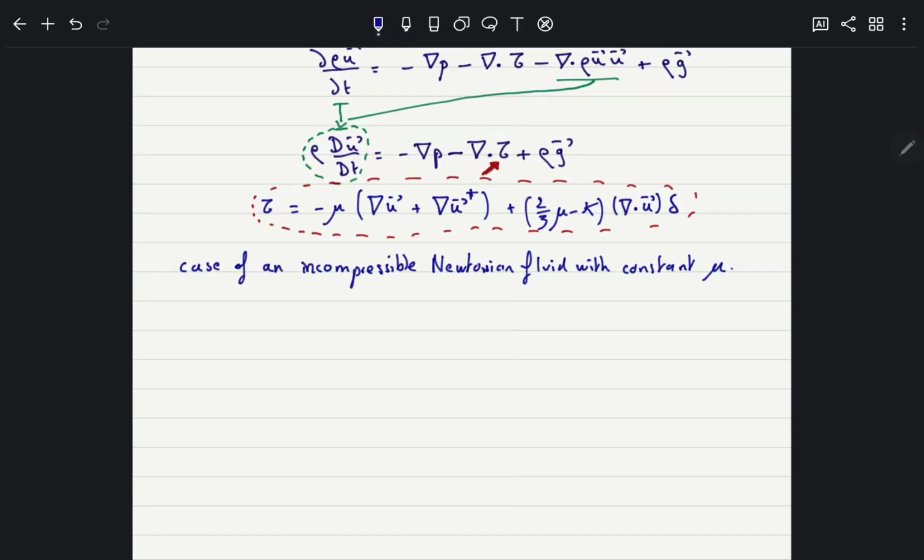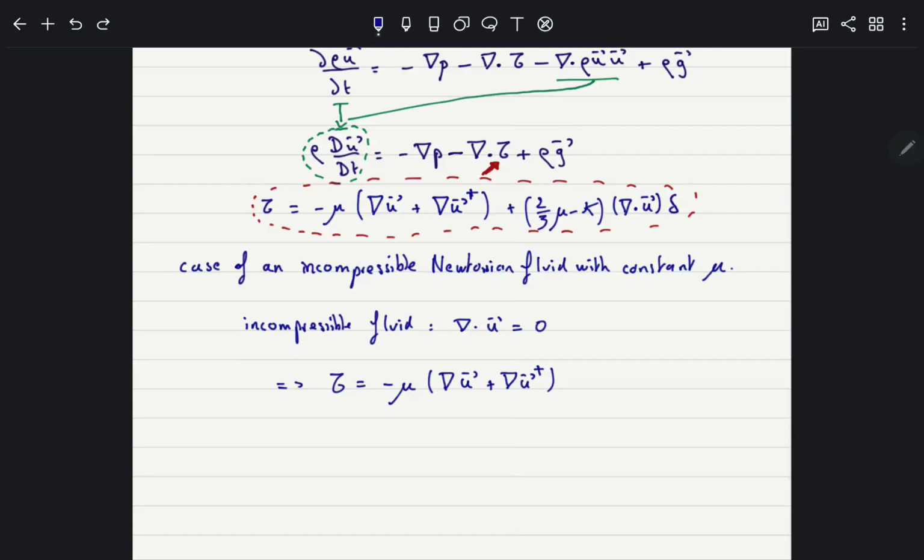So first of all, if you have an incompressible fluid, then you know that the divergence of the velocity is going to be 0, which means that your viscous stress tensor simplifies to tau equals the negative of mu, nabla u plus the transpose of that matrix.